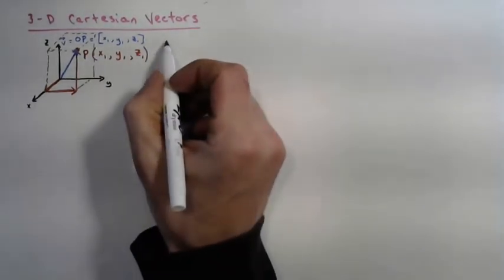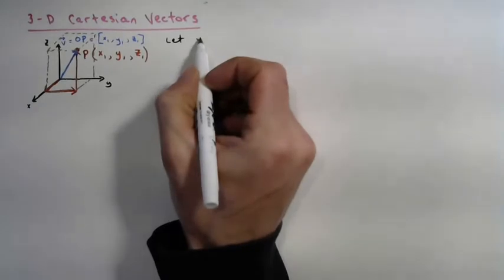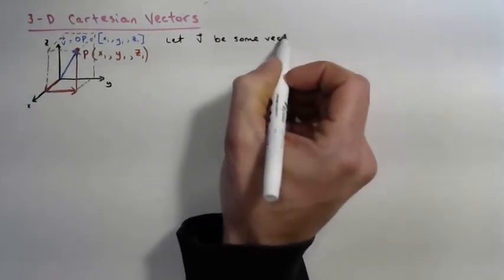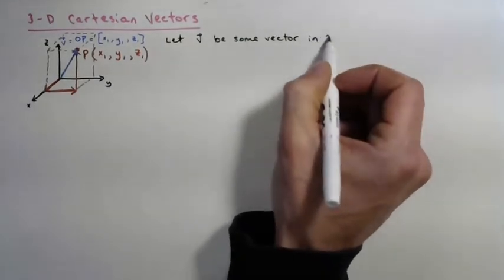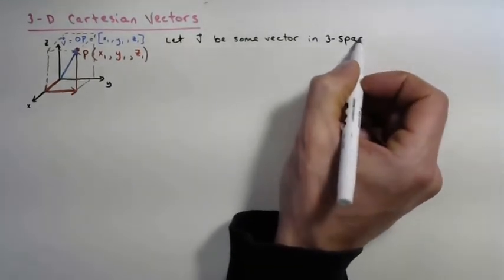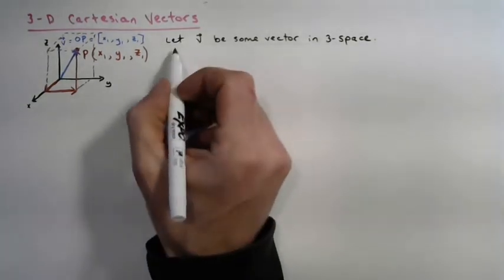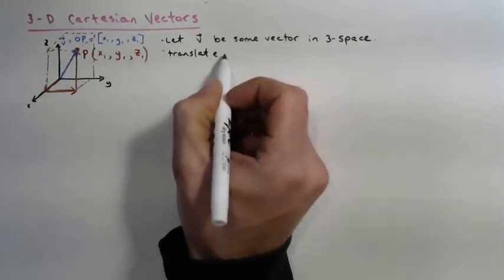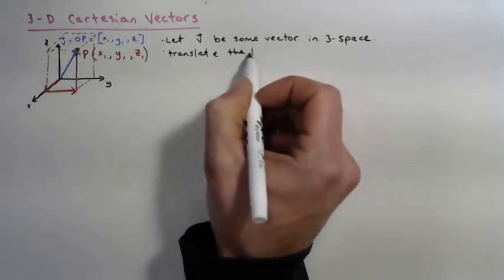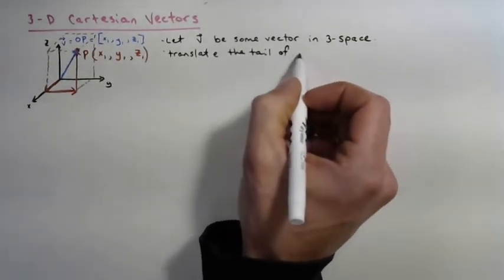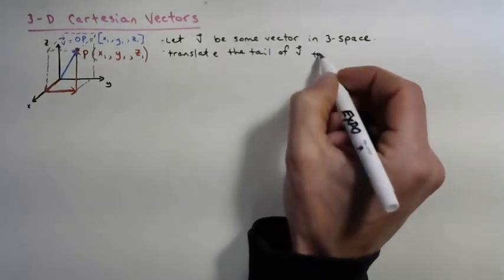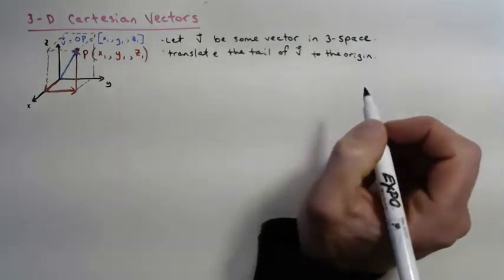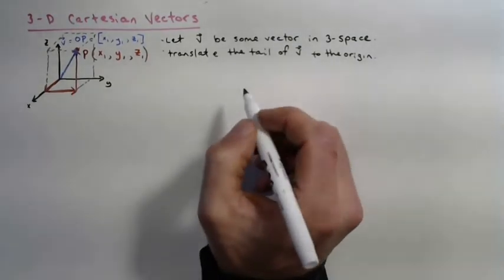If it's helpful, let's quickly jot down what we just did. We said let v be some vector, any vector, in 3 space. Next, translate the tail of v to the origin.